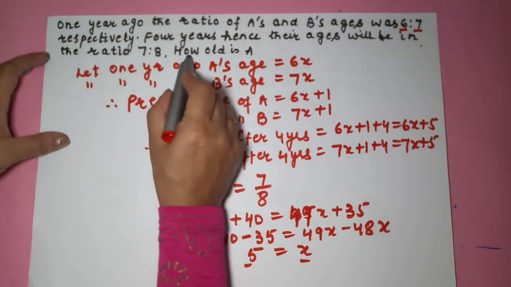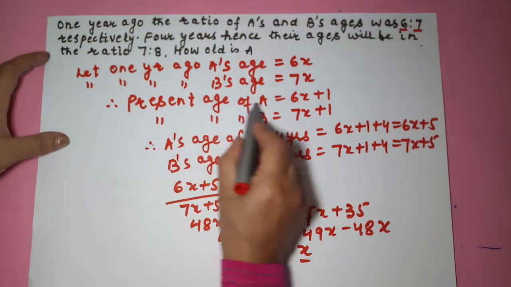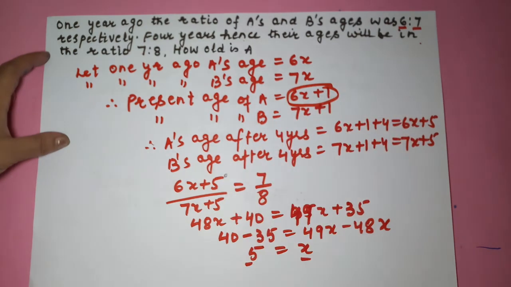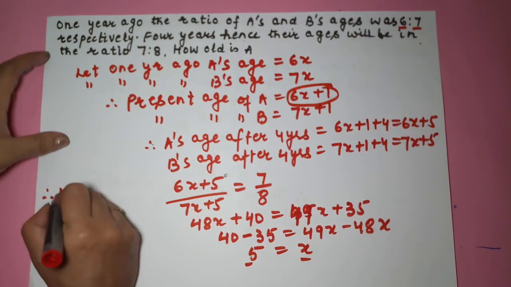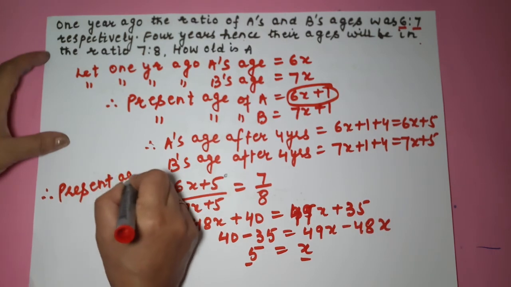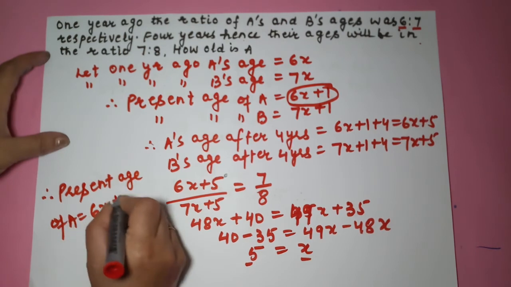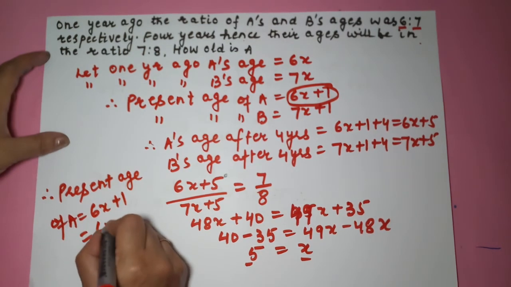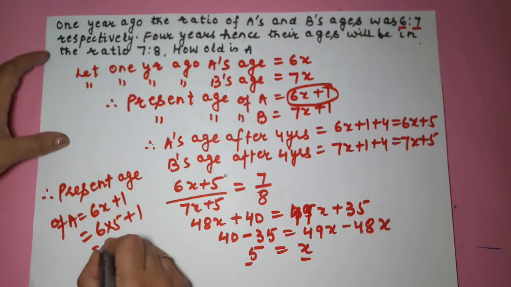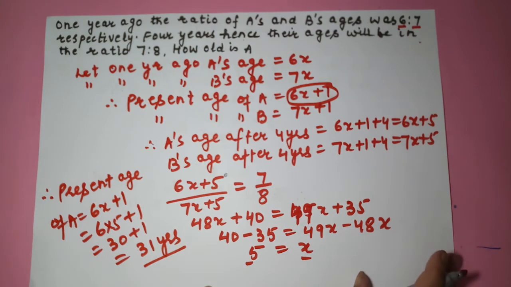Now he's asking how old is A. That means I need to find the present age of A. The present age of A is 6x plus 1, which is 6 into 5 plus 1, which is 30 plus 1, which is 31 years. Right? Okay.